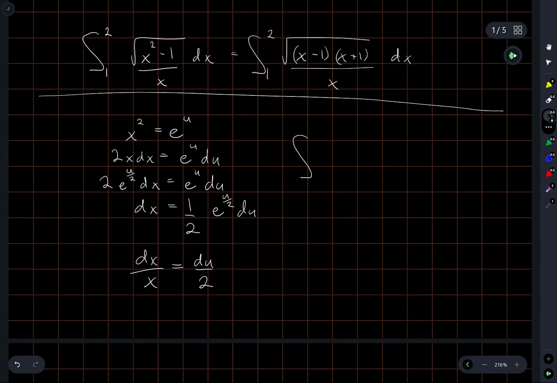So this looks like it does something, kind of. e to the u minus 1. Sorry, my bounds are going to change here. When x is 1, u is what, log of 1? No, I mean, goodness, 0, duh. And when x is 2, so I have 4 is equal to, so it's equal to log 4?